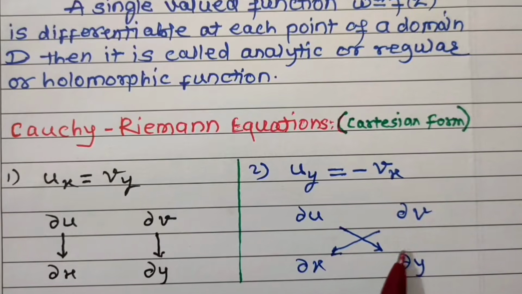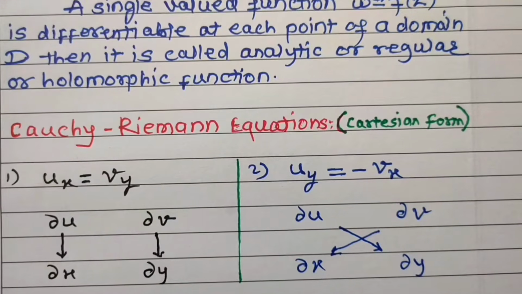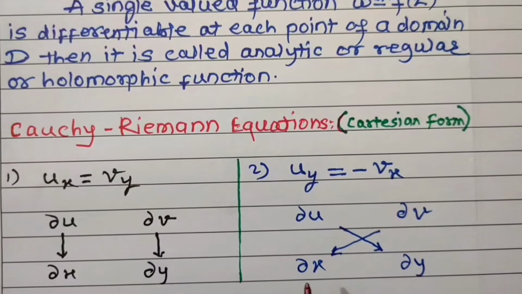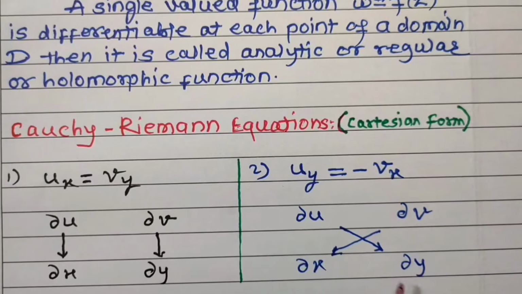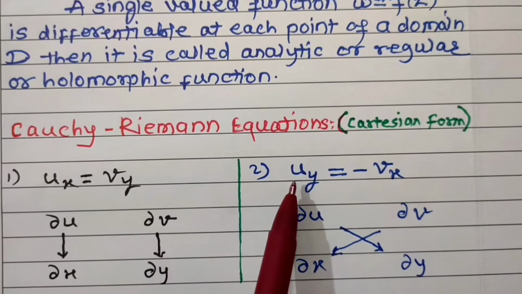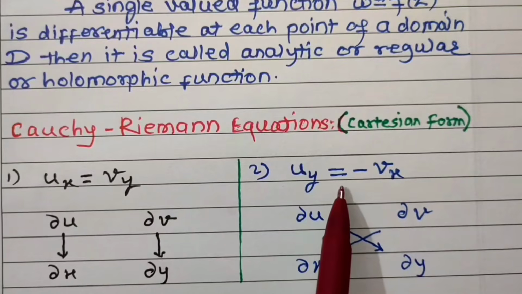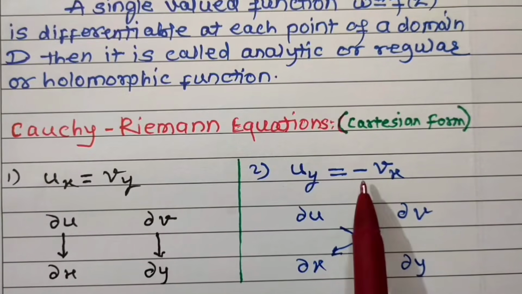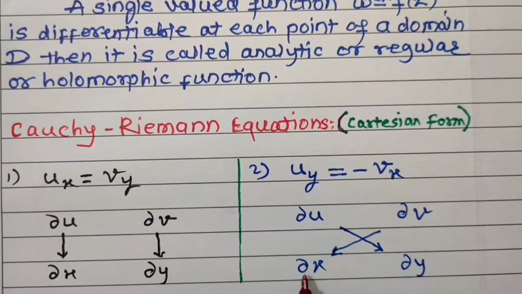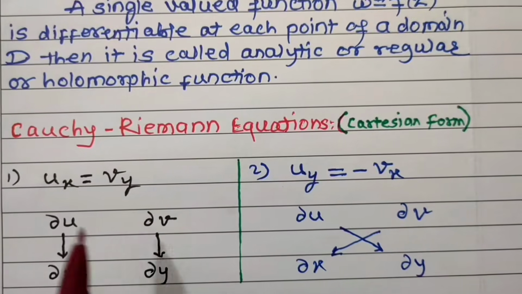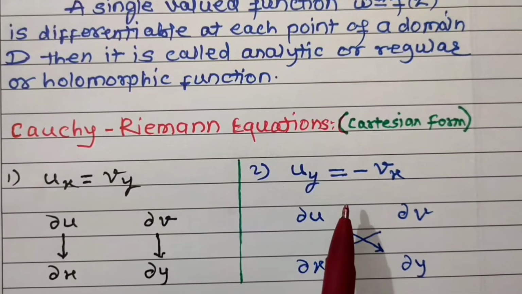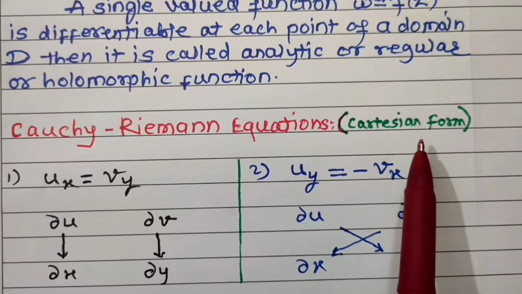This arrow indicates the anti-clockwise direction and this arrow indicates the clockwise direction. And we know the clockwise direction we denote by a negative sign. So the partial derivative of u with respect to y, which is uy, is equal to, for the clockwise direction, minus the partial derivative of v with respect to x. So these two are the Cauchy-Riemann equations in Cartesian form.